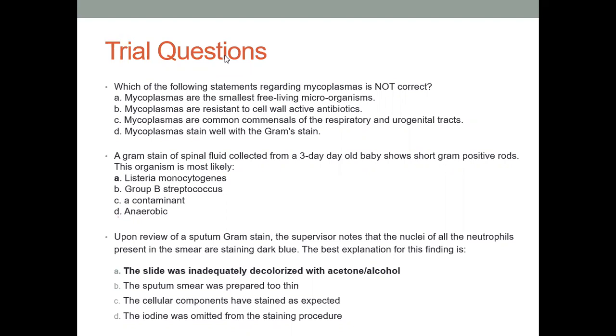So the answer is between Listeria monocytogenes and strep group B. And you know that strep group B is a streptococcus, and streptococci are gram-positive cocci. If this is gram-positive cocci, and the question is talking about gram-positive rods, even if you just want to play lotto, you can say that the answer is likely to be Listeria monocytogenes.